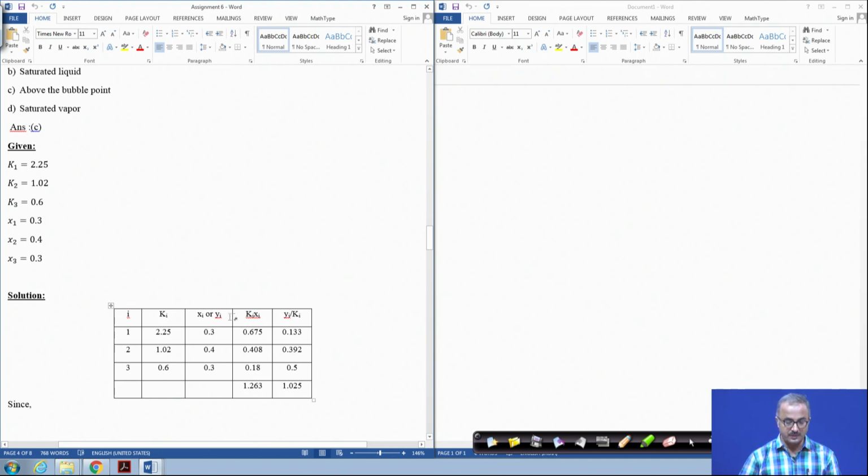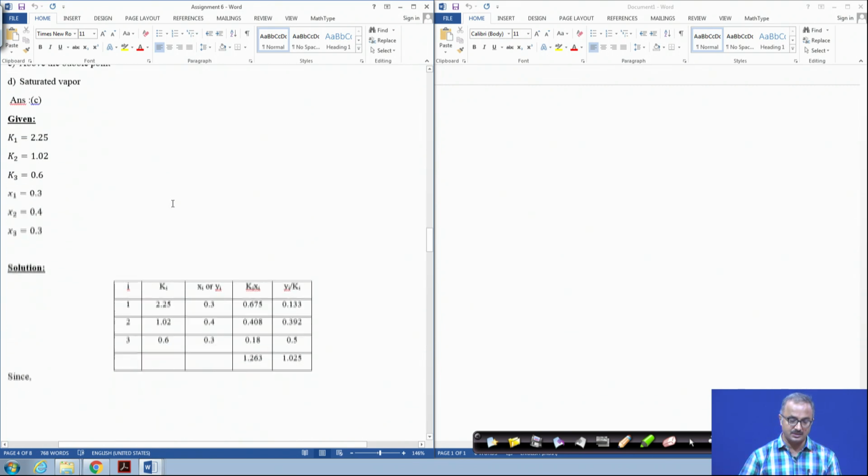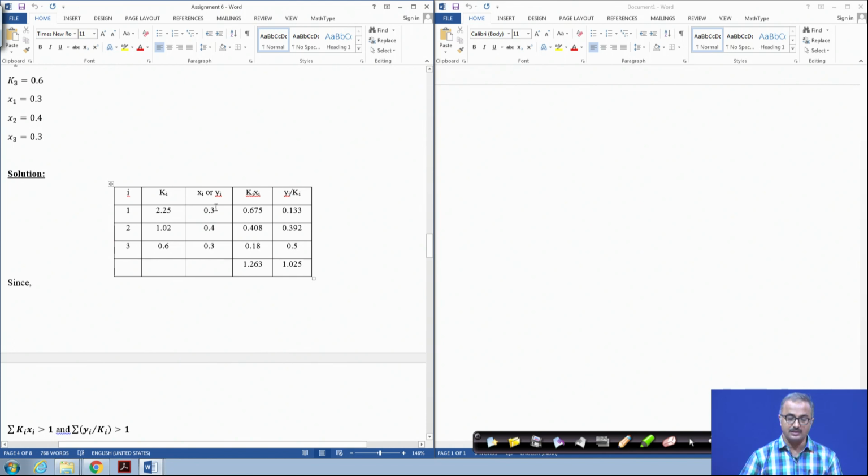So sometimes we consider the mole fractions given in the question as Xi, and sometimes the same mole fractions we take as Yi, because we do not know and have to figure out which state they are in. So once we take them as mole fractions in the liquid phase, and another time as mole fractions in the vapor phase, then you come to this particular table, and in this table you find the values of Ki Xi and Yi by Ki.